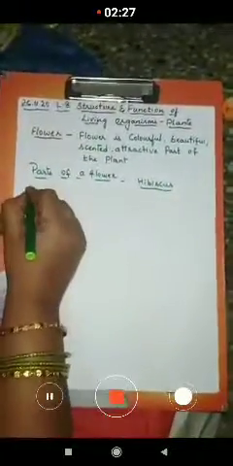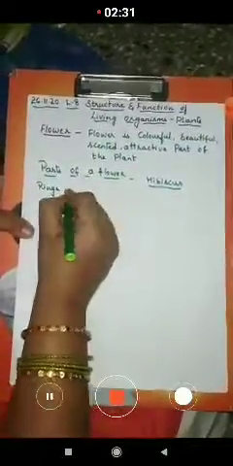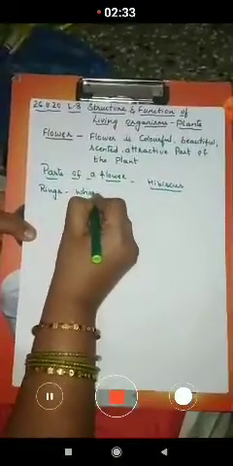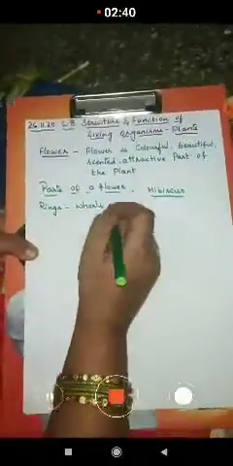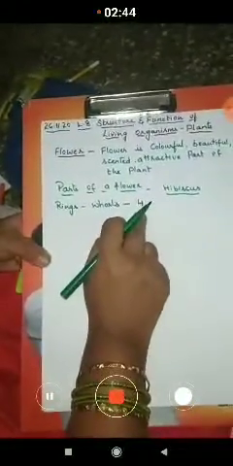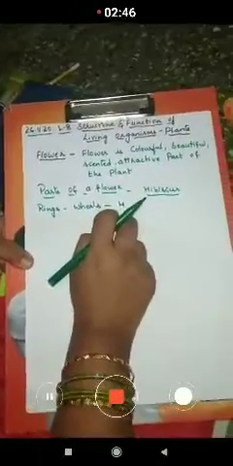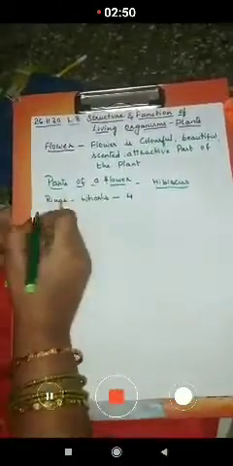These rings present in a flower we call whorls. So how many rings are present in the hibiscus flower? There are four. So one by one we are going to study the four rings of the flower.